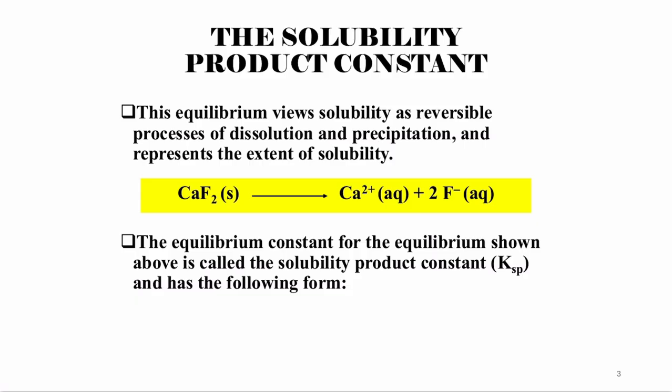And so this equilibrium views solubility as a process that's reversible, right, which is one of the requirements for equilibrium, meaning that it can go in both directions. And the amount of precipitate or amount in the aqueous phase tells us the extent of the solubility of that compound, right?